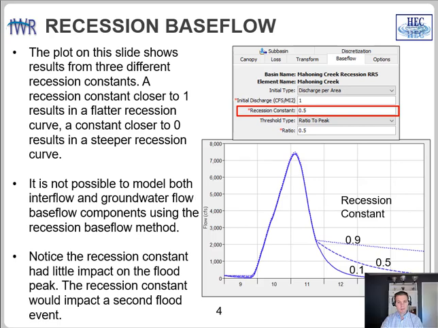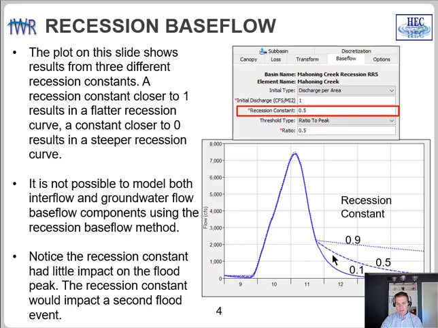This slide shows a little more information about that recession constant. If you look at the figure in the upper right, you can see that I've highlighted the recession constant. In the figure in the lower right, I've computed 3 different simulations, and in each of them I varied the recession constant so that we could isolate its impact on the receding limb of the hydrograph.